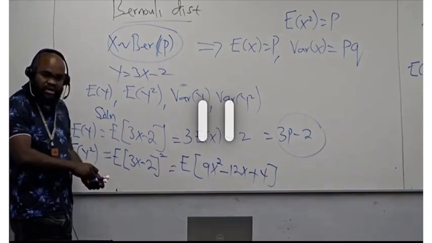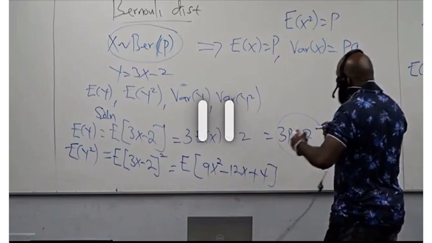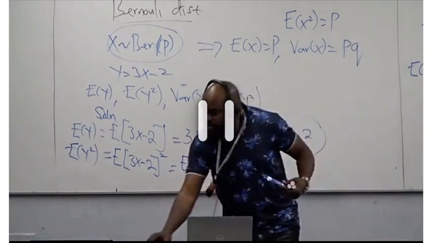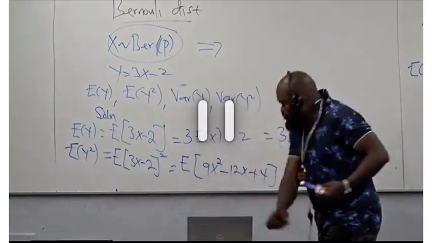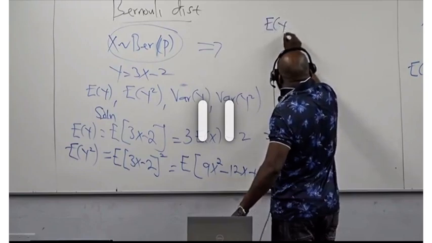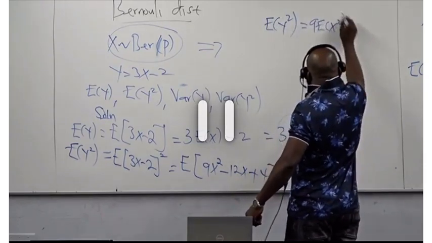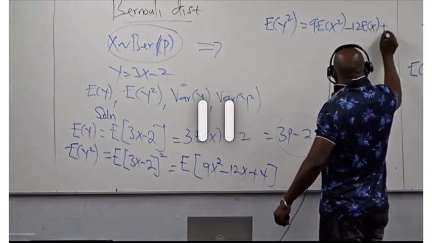So the expectation of y squared is 9 times the expectation of x squared, minus 12 times the expectation of x, plus 4.